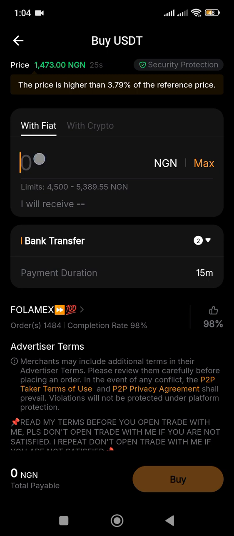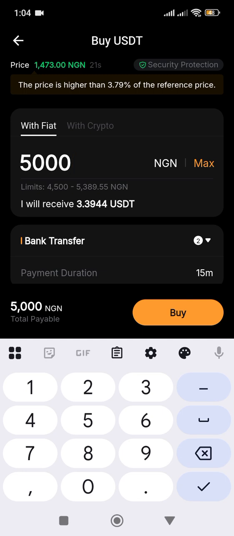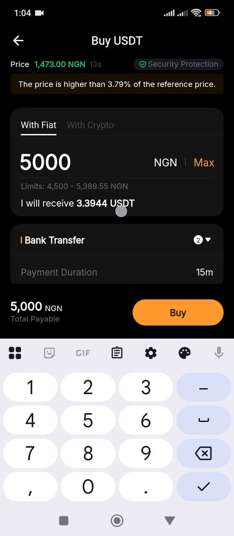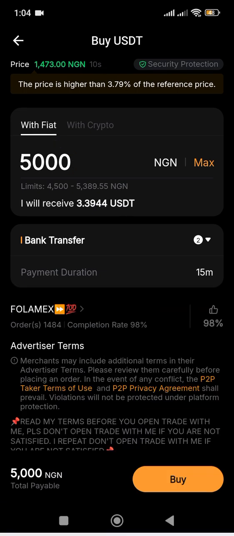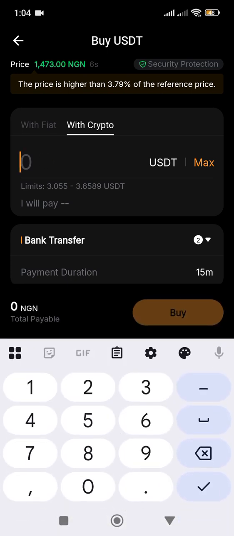You can write it in naira. Maybe you want to buy 5,000 naira worth. 5,000 naira will give me 3.3944 USDT. Or you can put it in crypto and then put the exact number of crypto you want to buy.